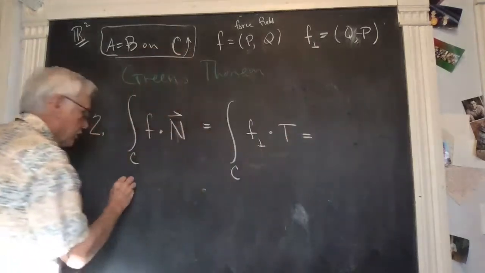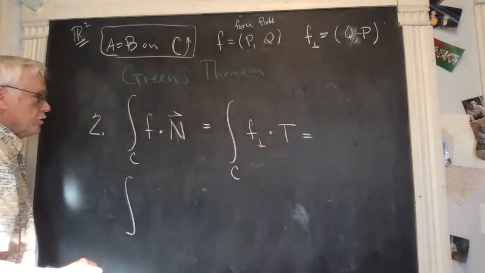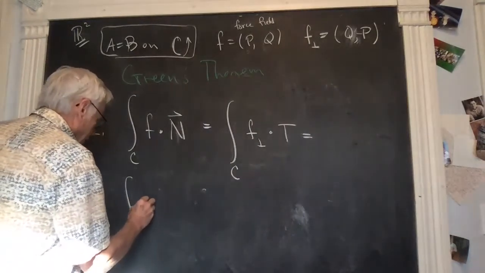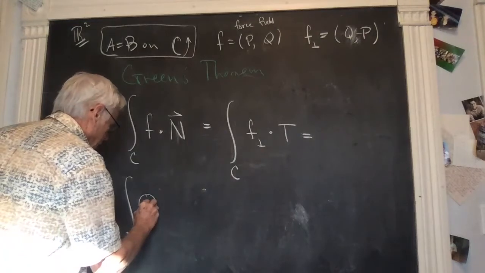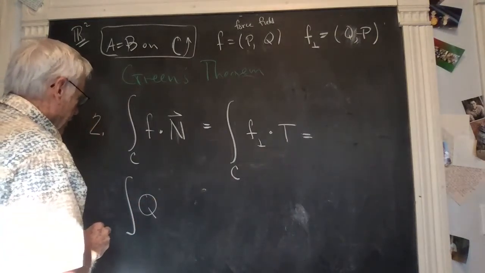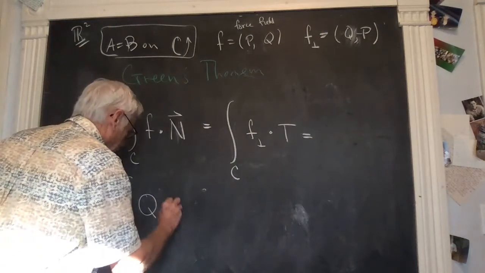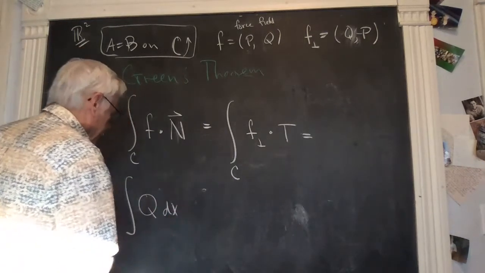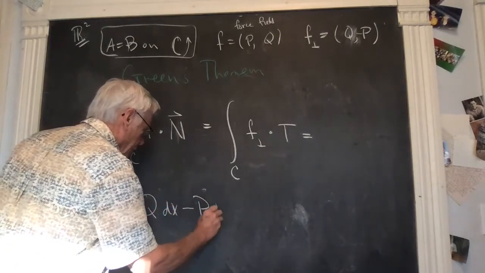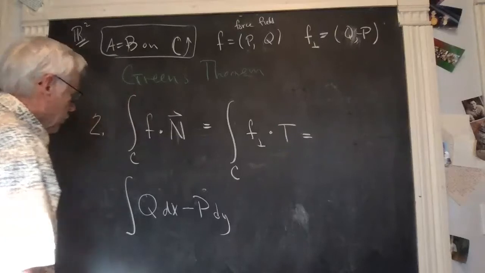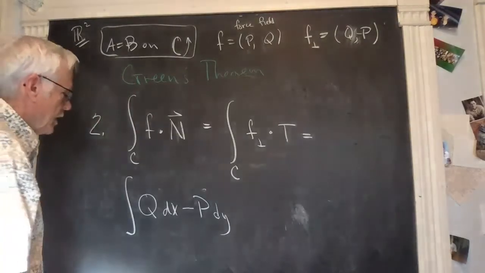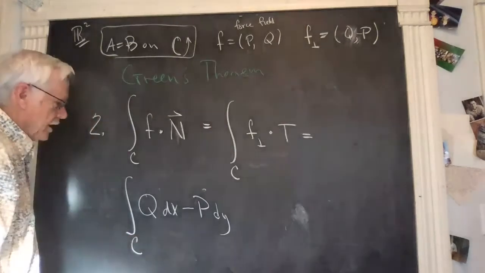And if you compute this, this is the integral of q dx, I want to make sure to get this right, minus p dy. Yeah, q dx minus p dy. And this is over C, so this is this line integral.